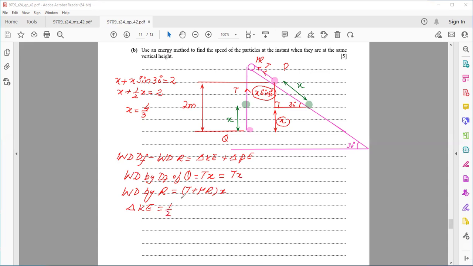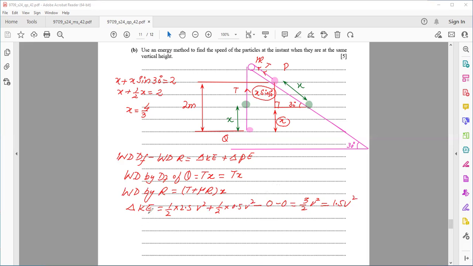So 1/2 times 2.5 times V squared for particle P, plus 1/2 times 0.5 times V squared for particle Q, minus the initial stage when the particles are held in this position. So the initial velocity will be 0 for particle P and 0 for particle Q. When I solve this, half of 2.5 plus half of 0.5, using your calculator, the answer will be 3/2 V squared, if I'm not wrong, 1.5 V squared.